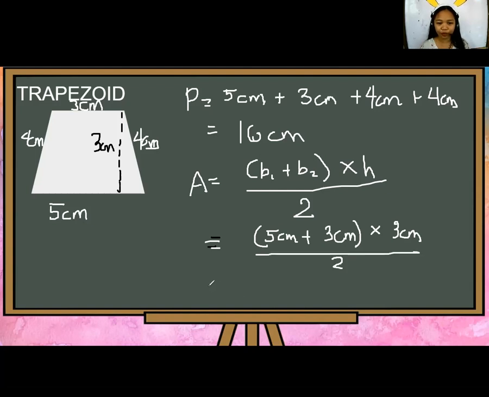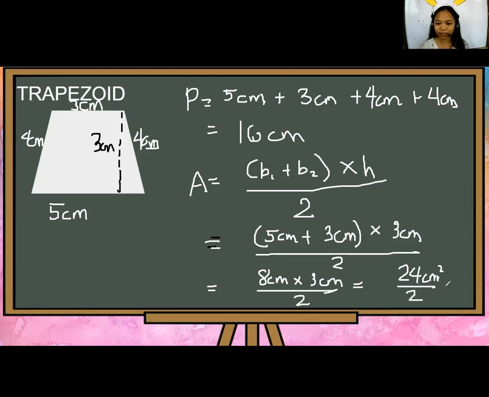So let's add first. 5 plus 3, that is 8 centimeters times 3 centimeters over 2. Next, 8 times 3, that is 24 centimeters squared over 2.